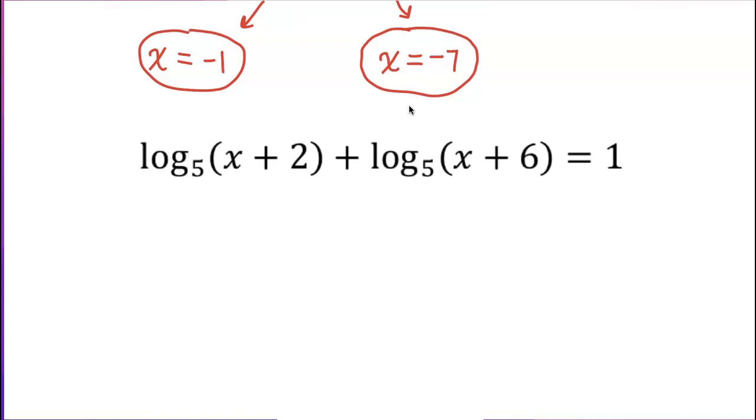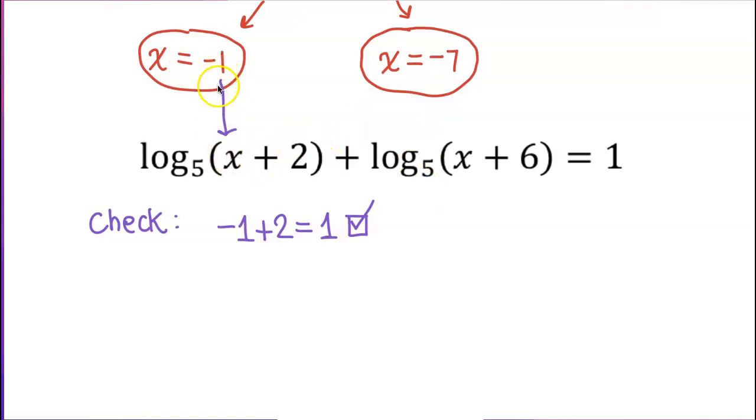Let me start by plugging in negative 1 into the log argument. If I'm checking to see if x equals negative 1 is a solution, I'm plugging into the log argument, and when the log argument comes out to be positive, that means this is the solution.